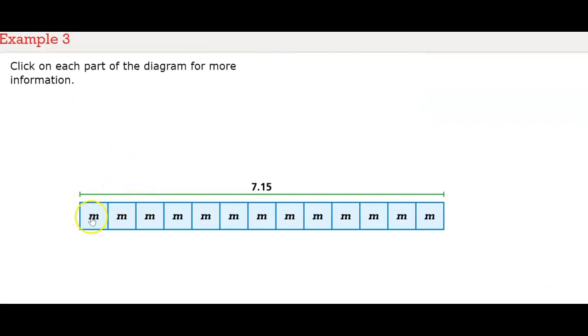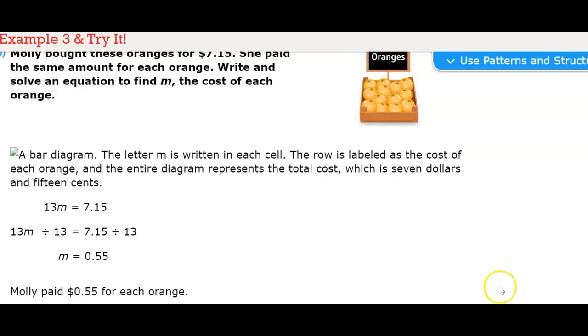If you count the diagram, there's 1, 2, 3, 4, 5, 6, 7, 8, 9, 10, 11, 12, and 13 M's. So in our equation, we would do 13 times M, which is the cost of the oranges, and that will equal the $7.15.